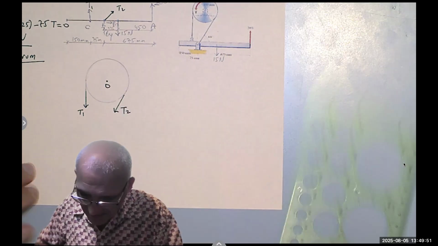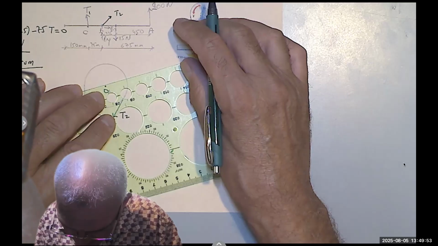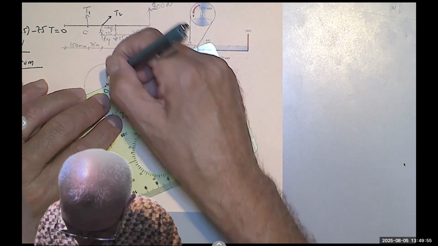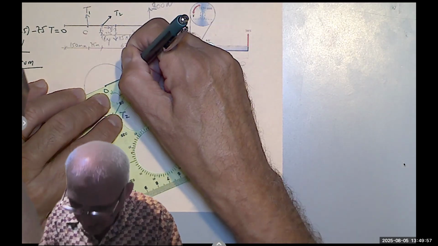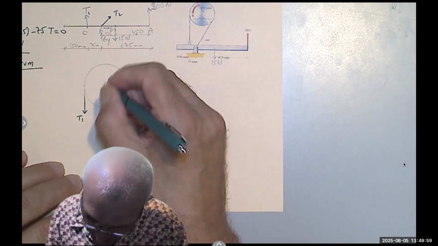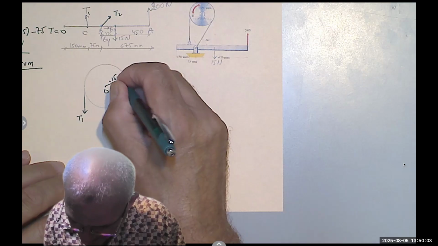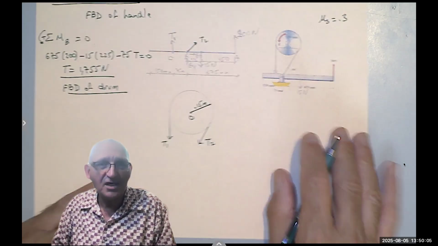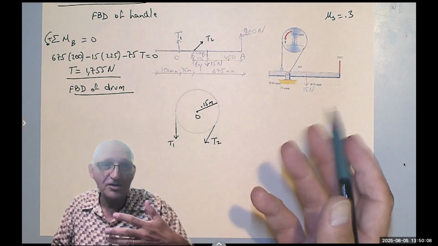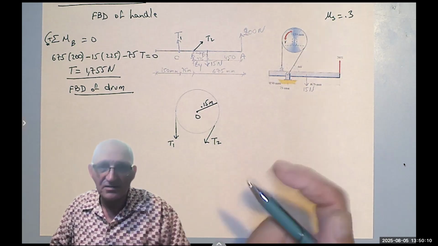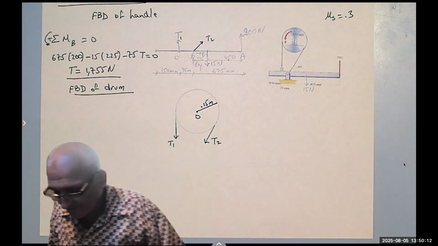The radius is 0.15 meter, right? It's 150 millimeters, so 0.15 meter, because usually we are not going to report the torque in Newton millimeters. So let's go ahead and use that.